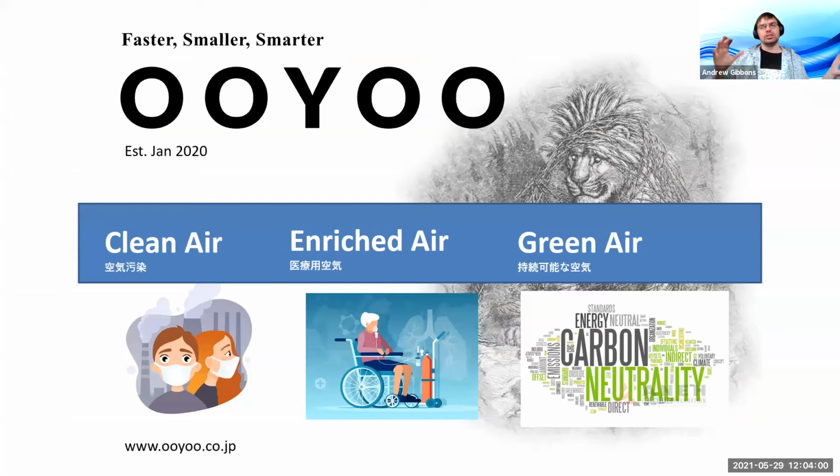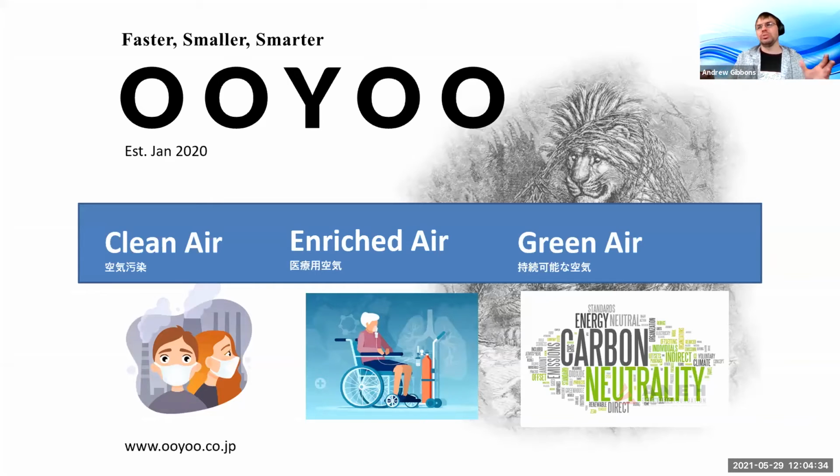Last year, our group had a spin-out company called OOYOO with the purpose of commercializing and pushing our research further towards application and getting our research out into the world. The main goal for OOYOO is to make air cleaning technology, like CO2 capture.